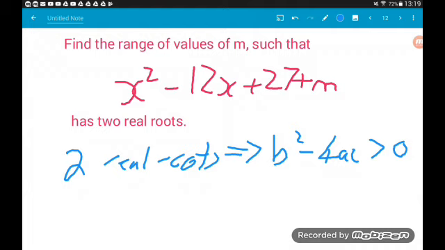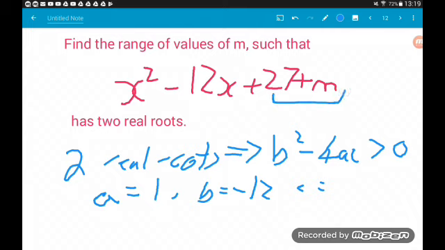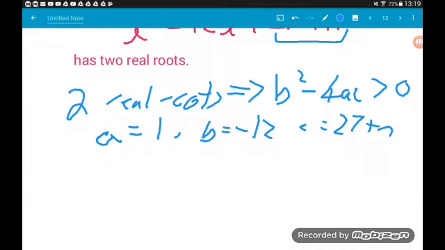So, let's see what else we know. A is 1, B is minus 12, and C is a two-term thing. It's this whole thing at the end that is not attached to an x. So C is 27 plus M, like that. So our discriminant then is going to be minus 12 squared.